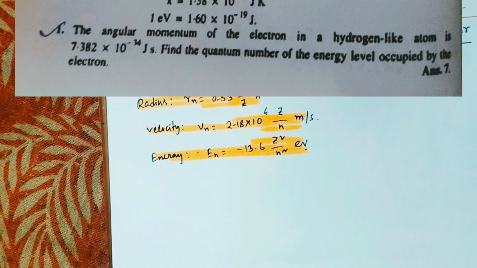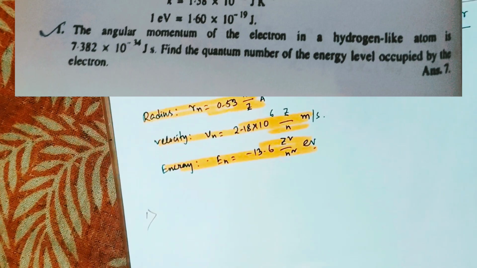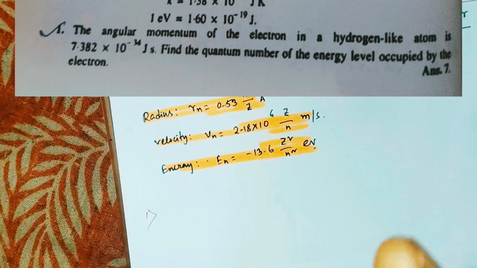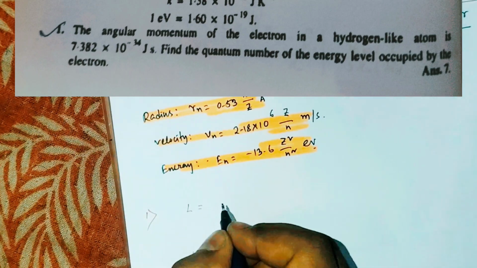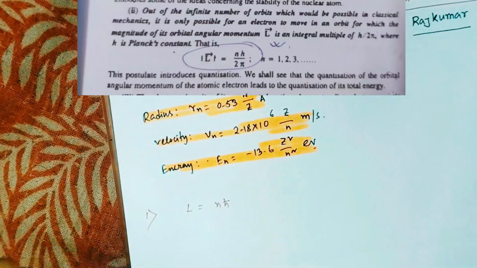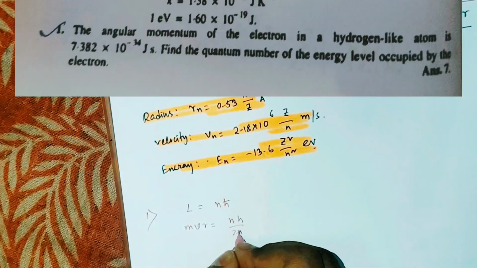At first, I have always said that an electron only revolves in those orbits in which angular momentum is an integral multiple of h-cut. So L equal to n h-cut, and after that you can write mvr equal to nh by 2 pi.